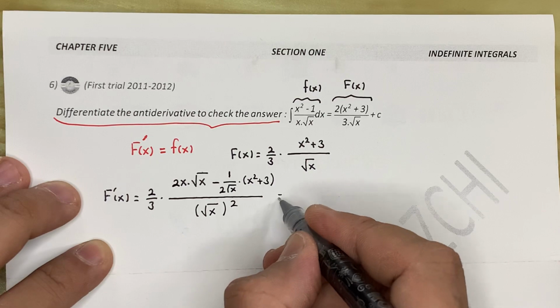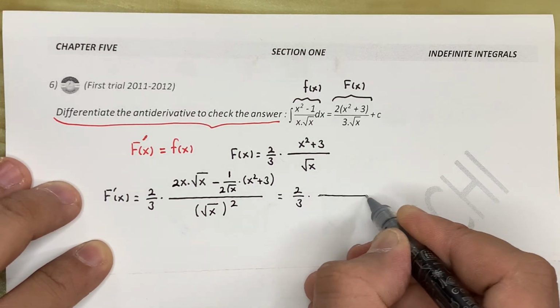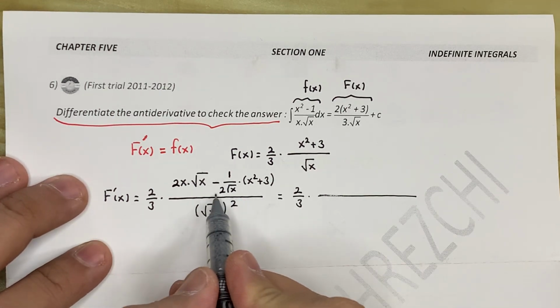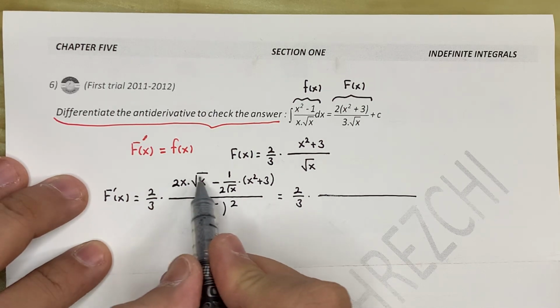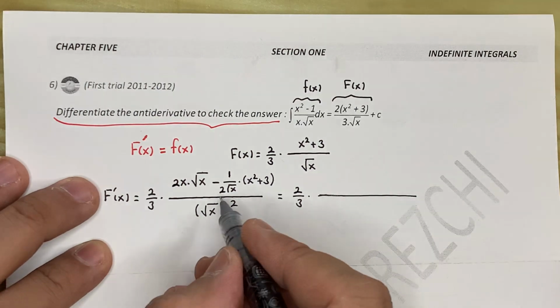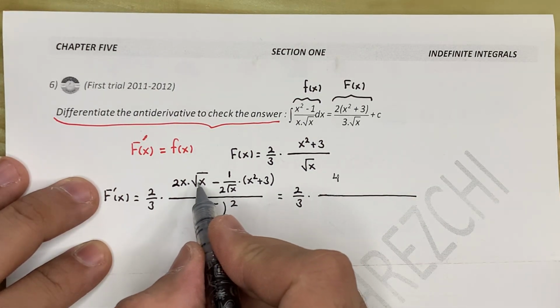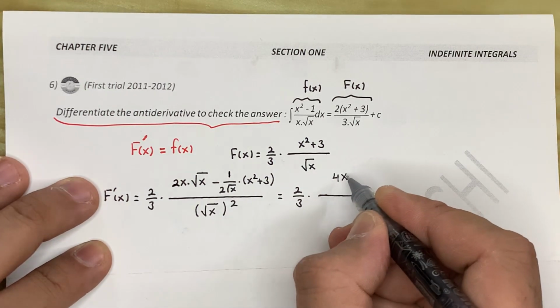Okay, don't forget, keep the constant. Now I'm going to equalize the denominator by the butterfly method. What was the butterfly method? You multiply the denominator on the right to the numerator on the left, and you subtract it by the numerator of the right one. 2 times 2, 4. Square root x times square root of x, x times x, 4x squared.